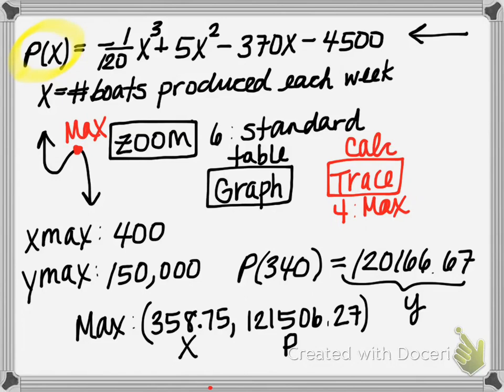It's a profit. So what I have here is an X value, number of boats, and a profit. So this is saying that if we produce 358.75 boats, that our profit will be a maximum, which is about $121,506.27.